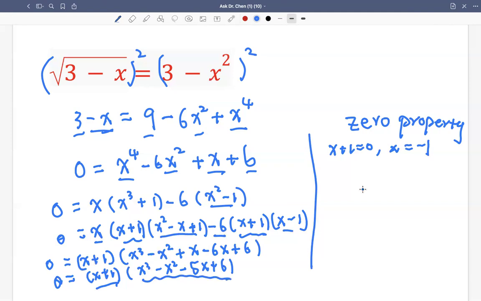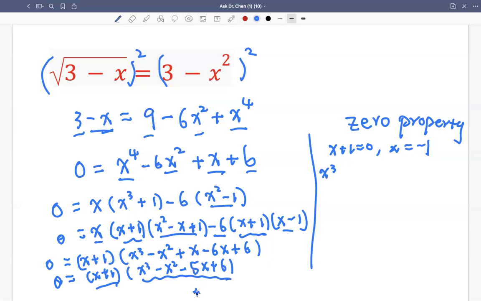So how do we factor this? We have an x cubed form. With an x cubed form, we always want to use a formula involving cubes. Let's see, we have minus 5, we have plus 6.